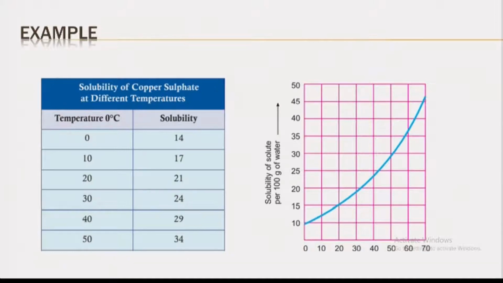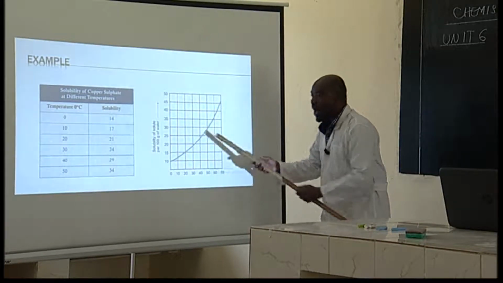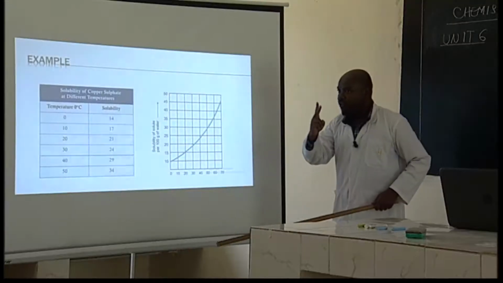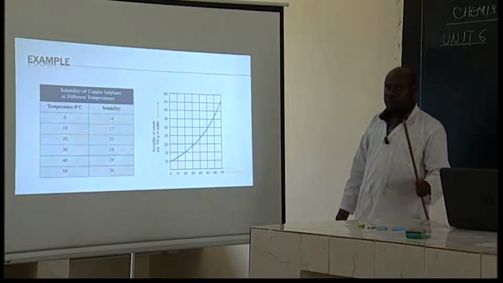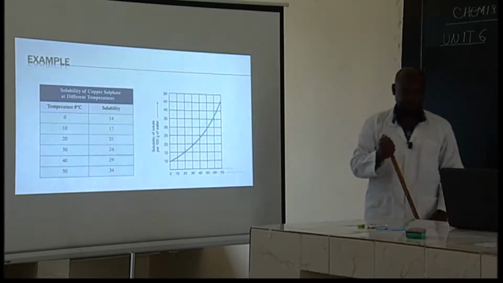You always find points, which have 2 coordinates, a y-coordinate and an x-coordinate, and when you combine the 2 values, x and y, you get a point. When you have enough points, you can then join them to get your solubility curve.